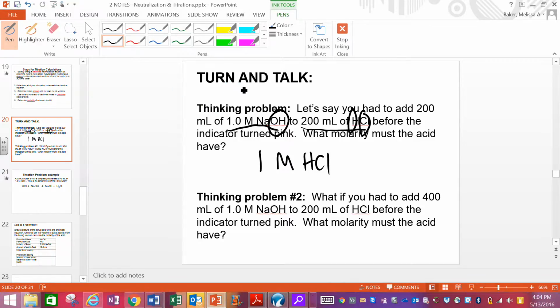Oops, I meant to circle the H there. How about this one? What if you had to add 400 milliliters of 1 molar base to 200 milliliters of the acid before it turned pink? What molarity must the acid have? Well, you had to add twice as much base. So that acid must have a 2 molar concentration. It must be double the concentration.